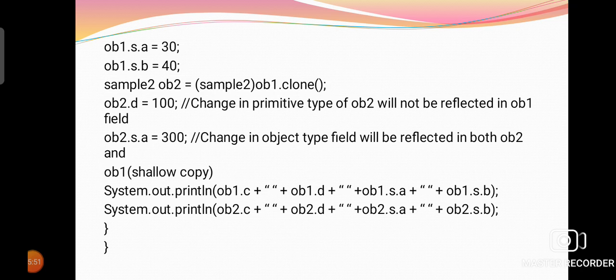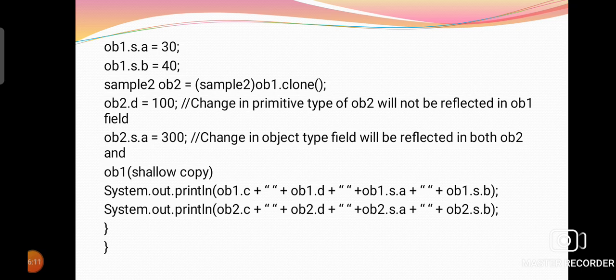And in the next statement, we are performing the object cloning like class name, new object name equal to old object name.clone. The new object name is ob2 equal to ob1.clone. So this is the method we have used.